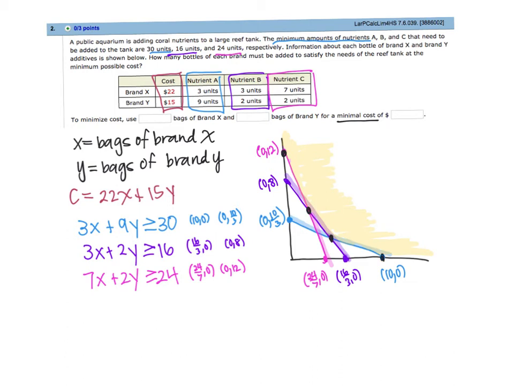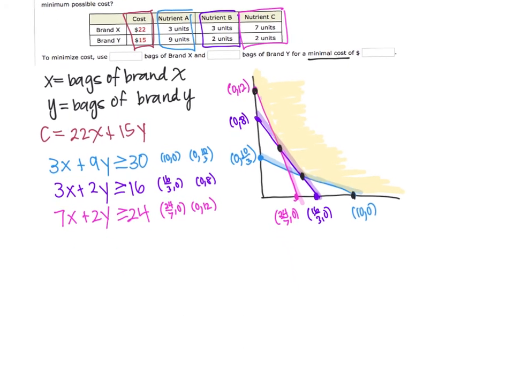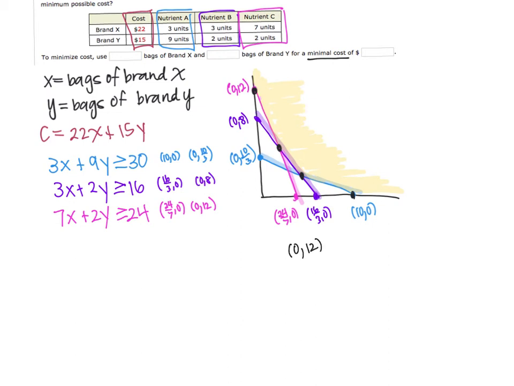It was important that I graphed it, because if I had not graphed it, I might have thought that this vertex or this vertex are important, and they're not important at all, at least not in terms of making this feasible. So 0, 12, 10, 0, and then I am going to have to calculate the other two intersection points.